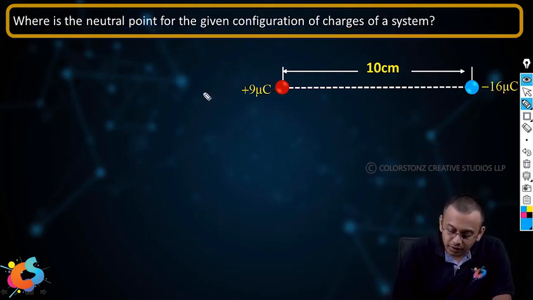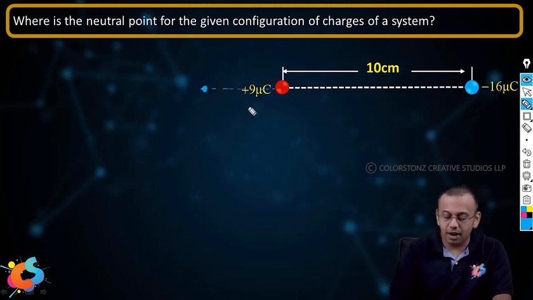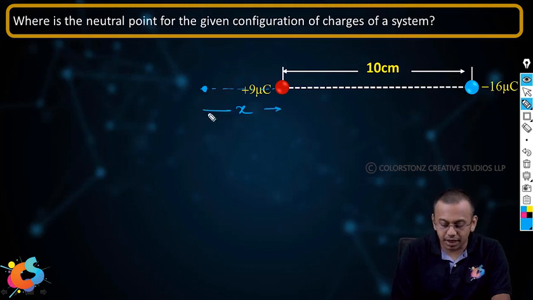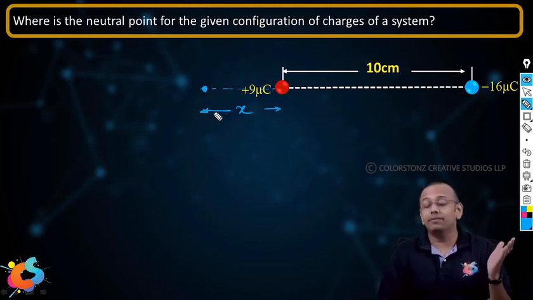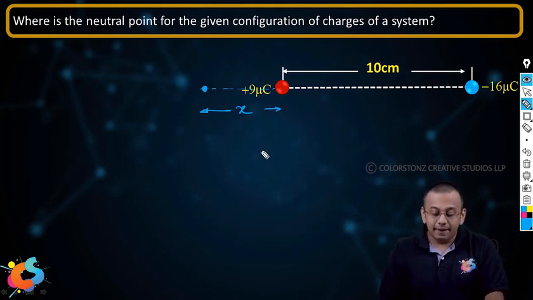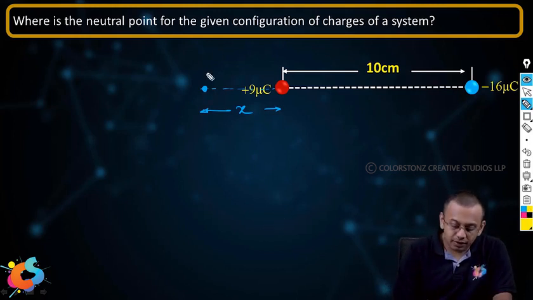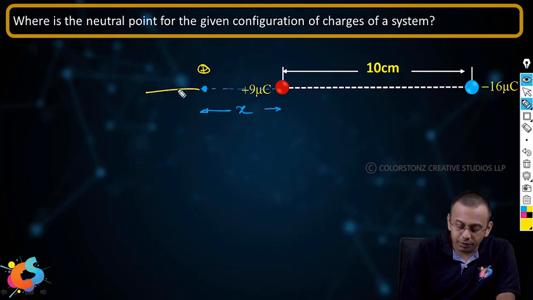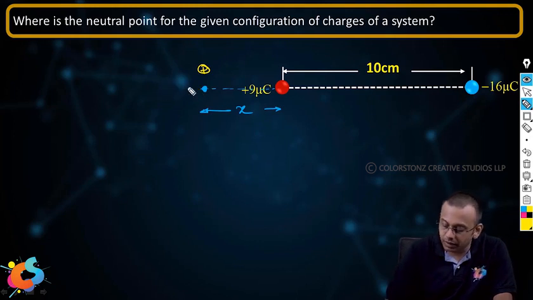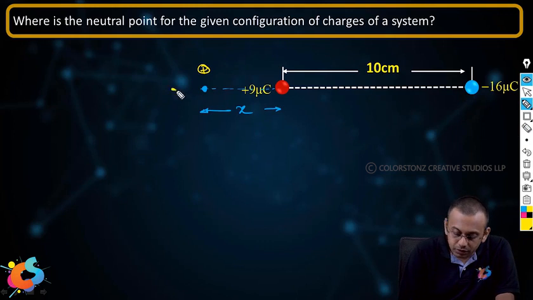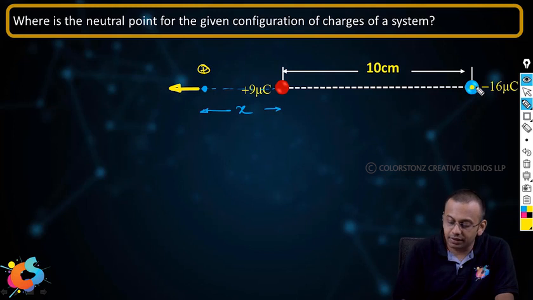Let me just draw it again. So a particle kept here at some distance x from the 9 microcoulomb charge on the left side, on the line joining these two particles. This x has to be adjusted in such a way that, let's say there is a positive charge, then the repulsion due to the plus 9 microcoulomb must equal the attraction by this minus 16 microcoulomb charge.